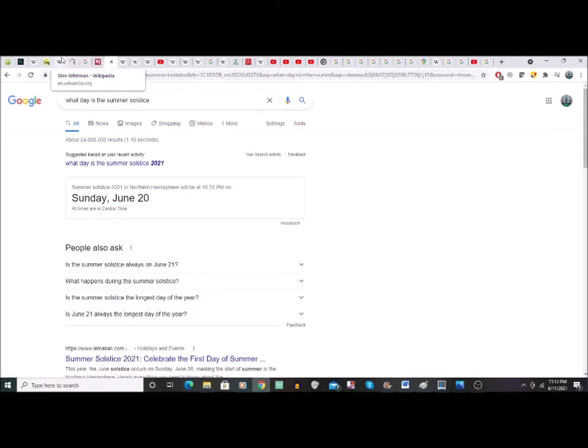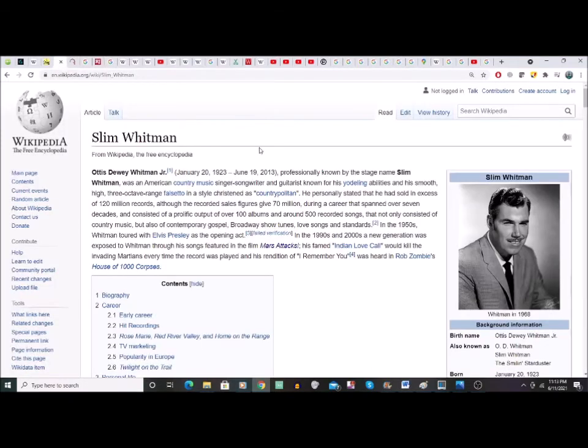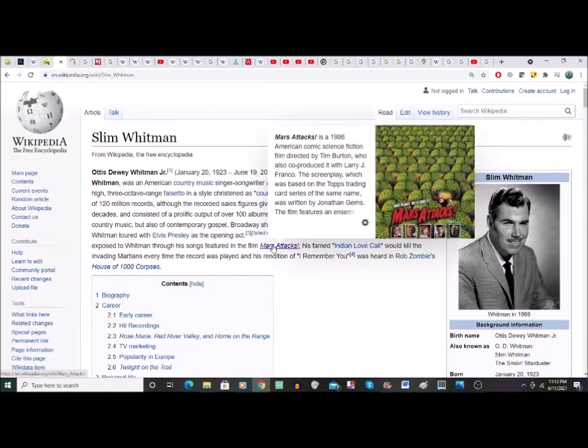Slim Whitman. Oh, that was interesting as well. This character here. Sorry, I'm just going off on a tangent here real quick. Slim Whitman. I said Mars Attacks is a pretty important film. They have a reference to the dam blowing, and they have a reference to the Space Needle, and several other little blowing up event things in there.